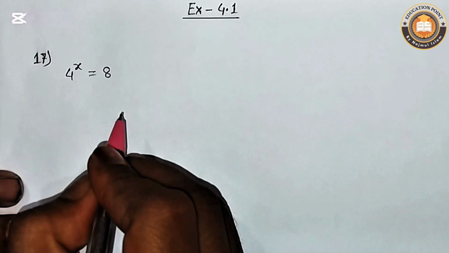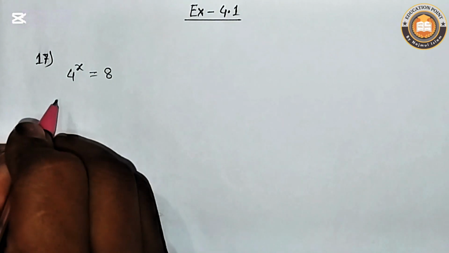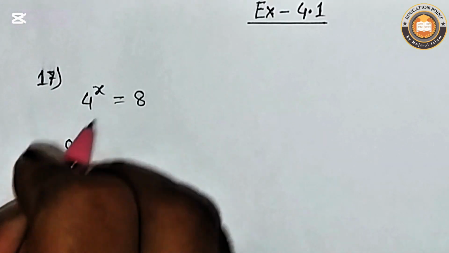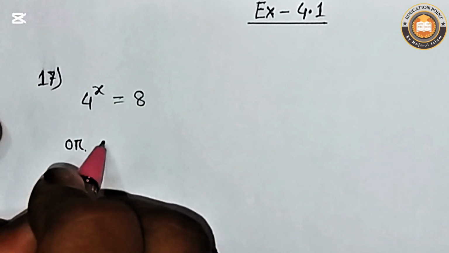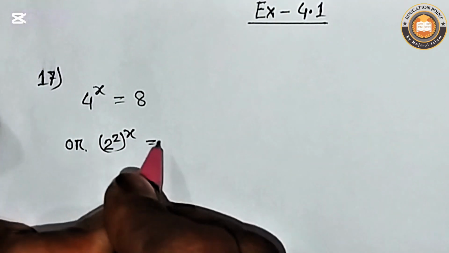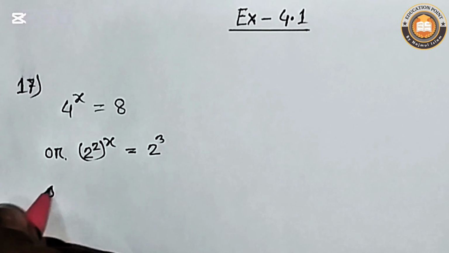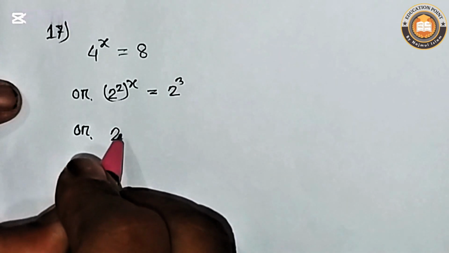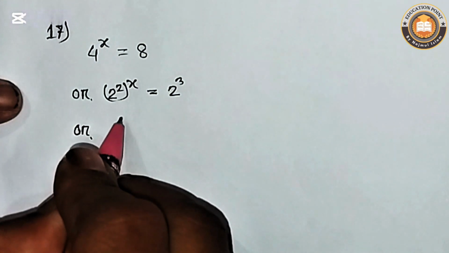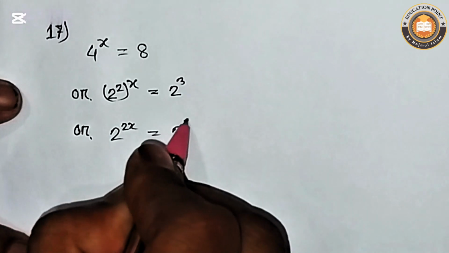Today we will solve some exponent related math problems, exercise 4.1. Question number 17. 4 power x equal 8, or 4 modified as 2 square, then power x equal 8 modified as 2 cube, or 2 power, here power will be multiplied with power, that means 2 multiplied with x, 2x equal 2 cube.